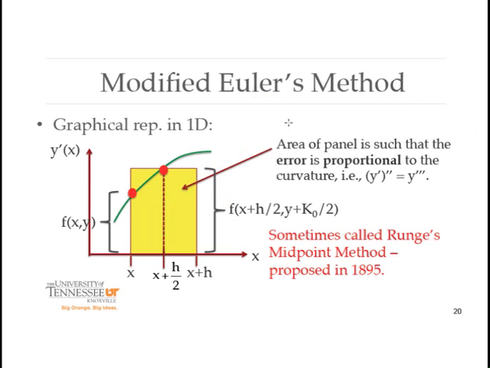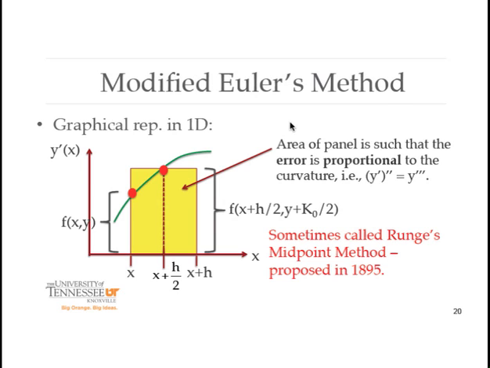In the next slide, we use that same picture, just to annotate it again. The difference here, remember that the error in the original Euler's method was proportional to the curvature. The idea here is the error of this panel is proportional to the curvature. In other words, it'll be the second derivative of the first derivative, which will be the third derivative.